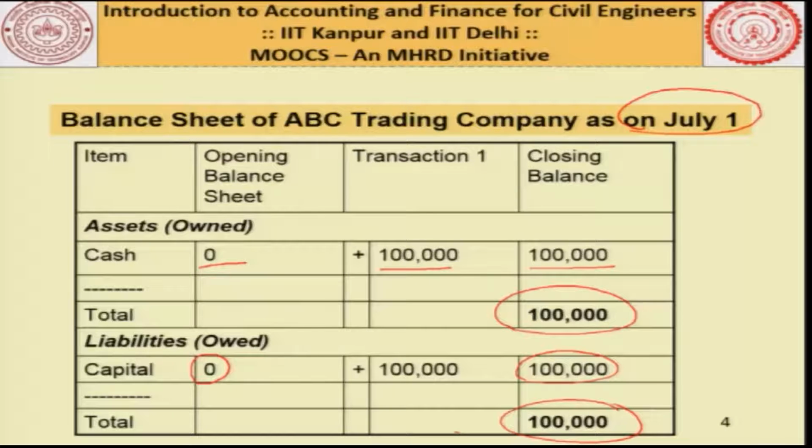Now, remember every time you prepare this balance sheet, you will write as of what date, because basically this is a snapshot as on that date of how much asset the company owns and how much liability the company owes. So, that is what is shown in the balance sheet as on that particular date.